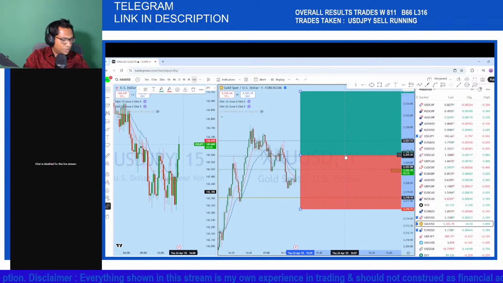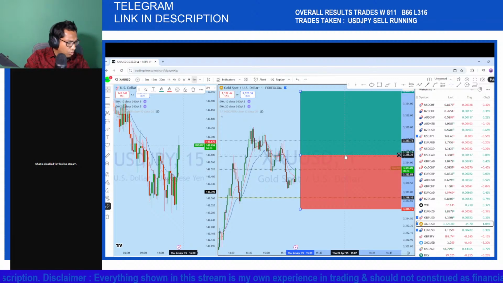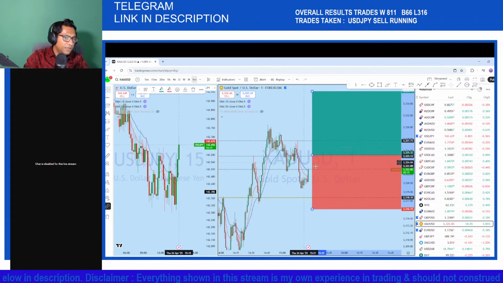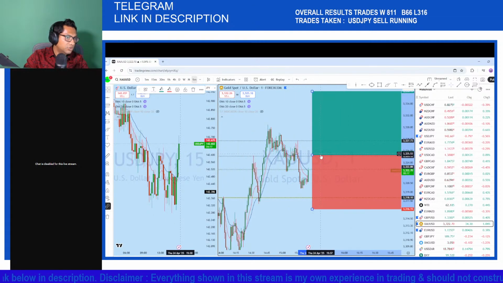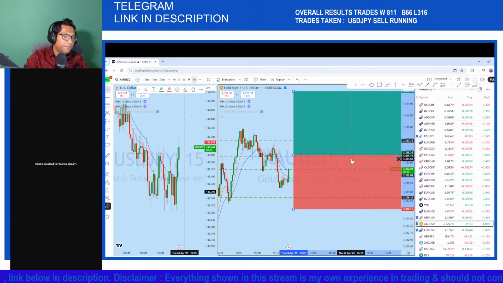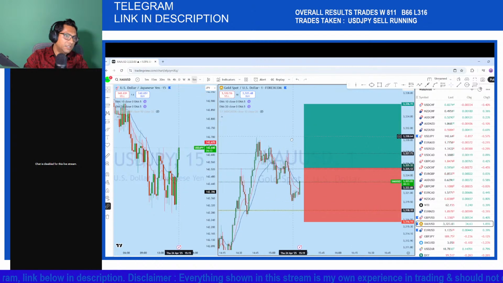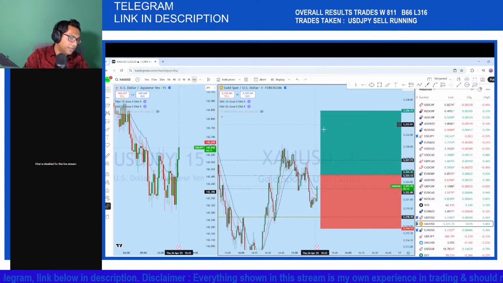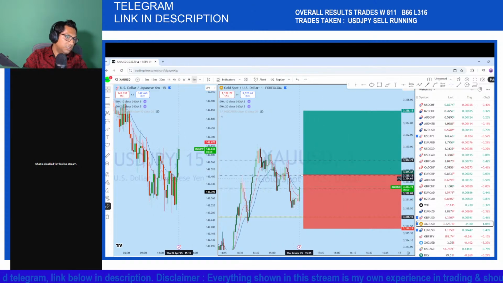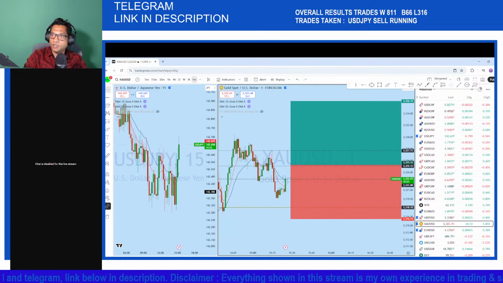If you guys want, you have done the risk management. If you want to hold it, it's up to you. But from my side, I will be exiting at entry. So it's going to be a break-even trade. There could still be a possibility of trend, as we see there's some upside coming in that area.